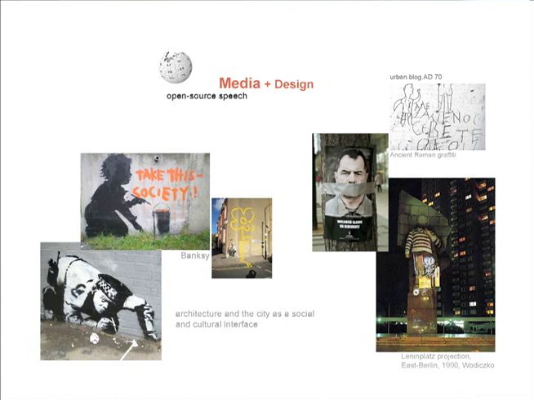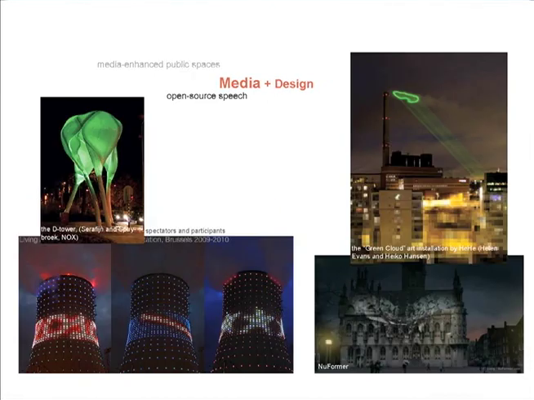The city and public realm is a pure open source place for speech. We see Banksy, a very famous British artist, and political speech in other parts of the world, as well as very old graffiti from Pompeii, pre-eruption, which again serves as a form of traditional blog.